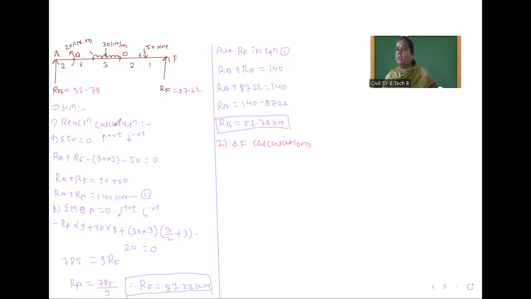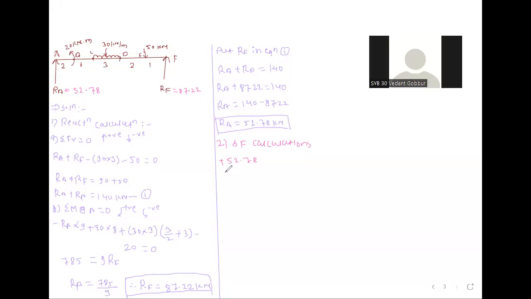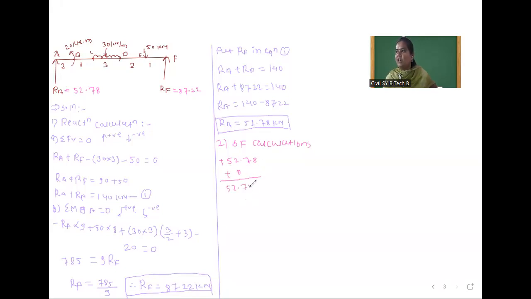RA, this force is going upward, so plus 52.78. After that, we move towards B point. At B point, how much load will be there? 0. So plus 0, and the answer is the same, 52.78. Now we move towards C point.